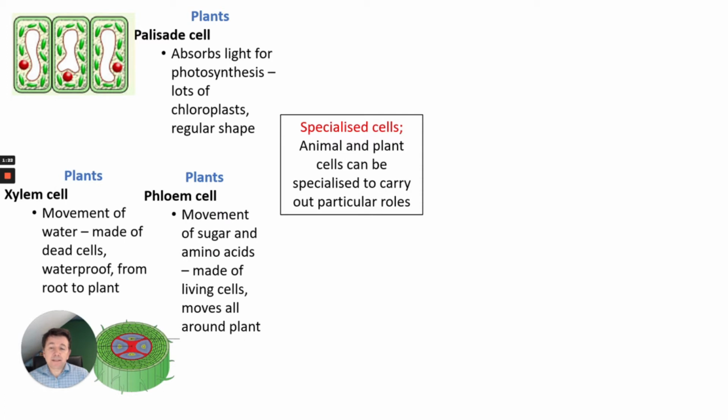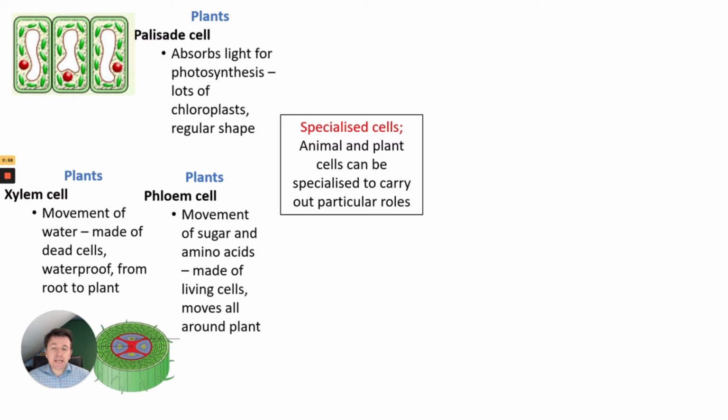Other plant cells you've got, and you'll learn a lot more about these later in the course, are xylem cells and phloem cells. So xylem cells are for the movement of water, and these are made of dead cells and they're waterproof, and they go from the root right through the stem to the leaf, and they transport water up the plant.